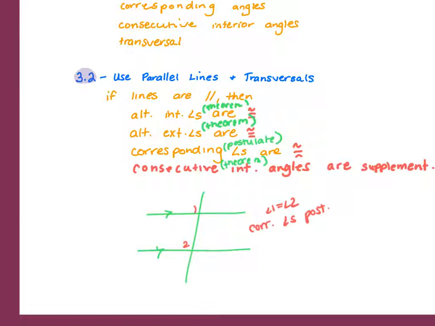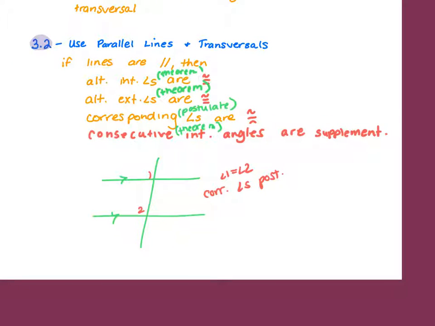If we are saying the lines are parallel, so angle 1 equals angle 3, that's the alternate exterior angles theorem.